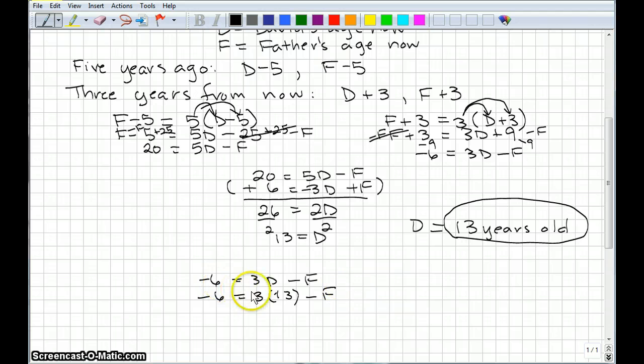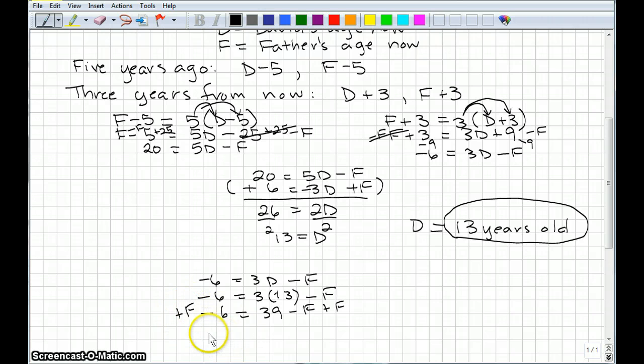All we need to do now is if we take 13 times 3, that gives us 39 minus f equals negative 6. So I kind of want to know the positive of David's father's age. So why don't I just add f to both sides? Let's say plus f.